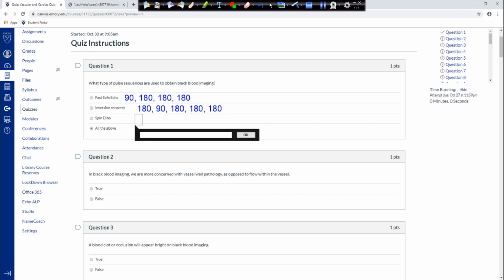And then spin echo, or conventional spin echo, is our 90, 180. So anytime you see this 180, always associate it with black blood imaging, because the blood flow is too fast to image.